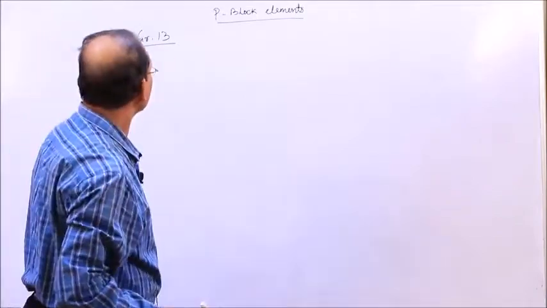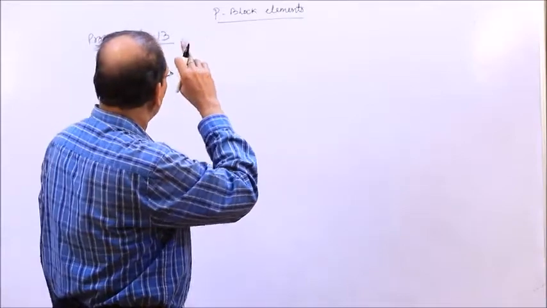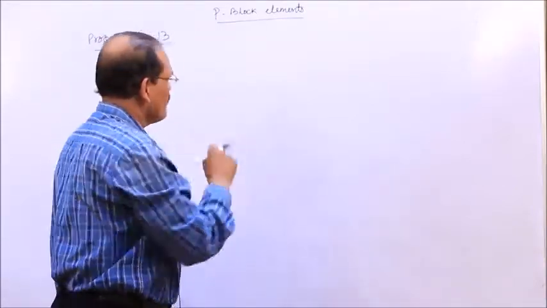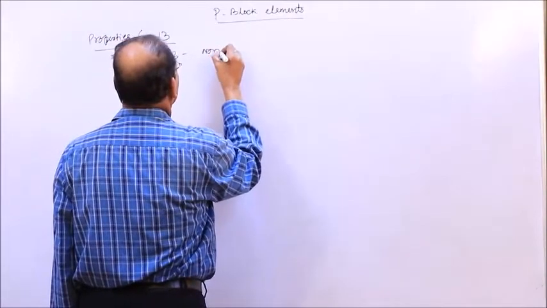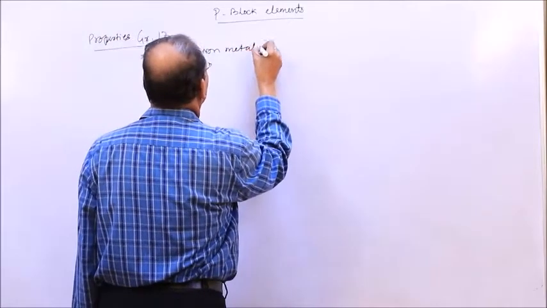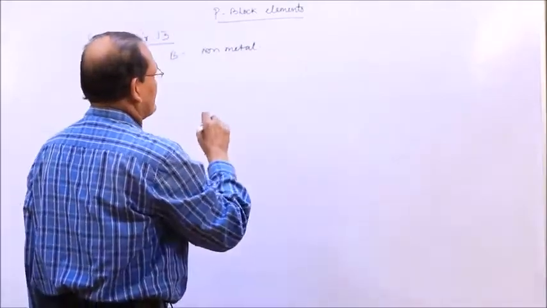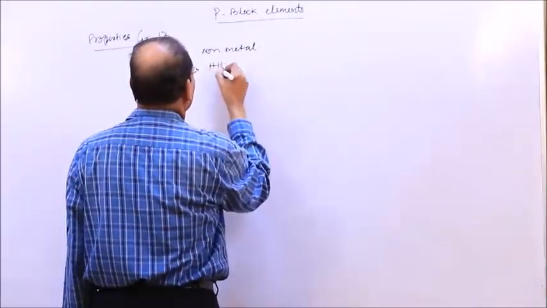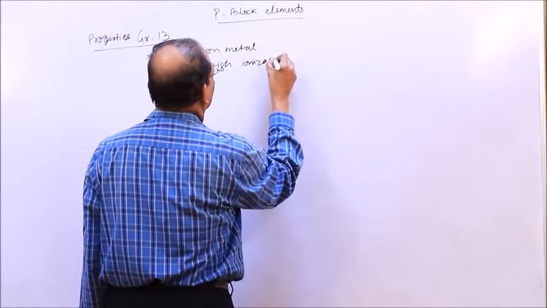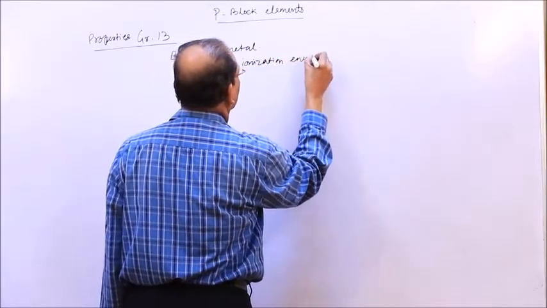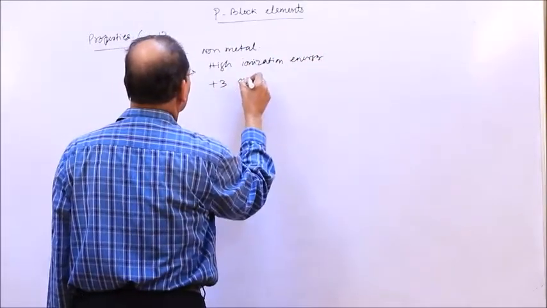As you have learned, boron is a non-metal, having high ionization energy and a maximum +3 oxidation state.